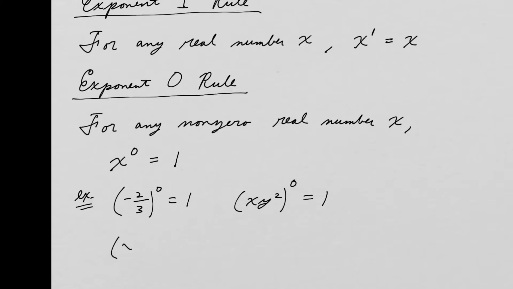Let's say I have x squared y cubed raised to the 1. So now it's to the 1 power. Well, this just stays the same, right? This is just x squared y cubed. So if you raise it to the 1 power, if the exponent is a 1, then it stays the same. If you raise it to the 0 power, then the answer is equal to 1 by definition. And you'll see later when we talk about dividing powers why that makes sense.